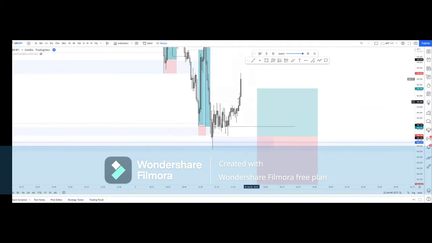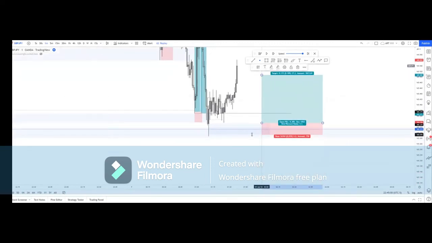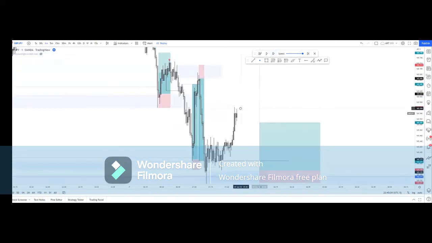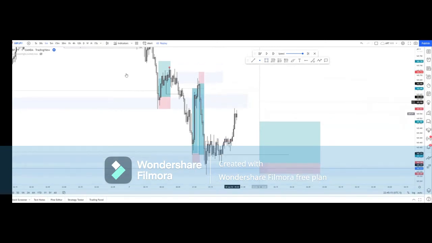It is 1:30. London opens at 2 o'clock. Let's see what happens. All right. So that's broke structure, liquidity. There's a breaker right here. I'm backtesting this with you guys, so bear with me.